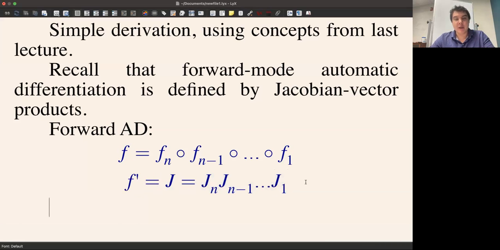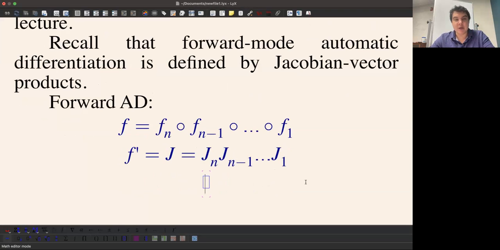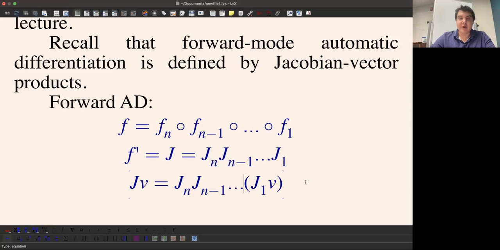And now forward mode AD is the computation of the following object. It's J times v equals J_n through J_2 J_1 v, where you put your parentheses here, and then if you have J_2, you put your parentheses here, right?